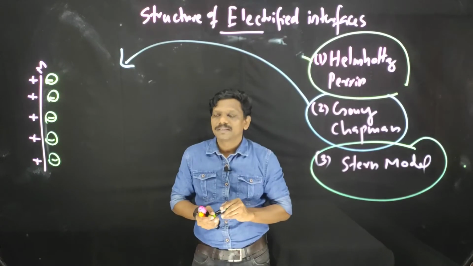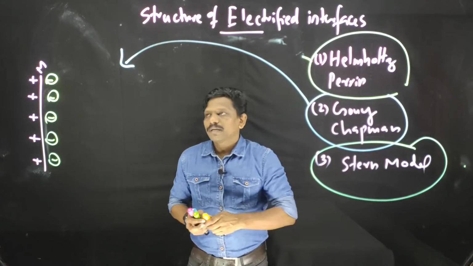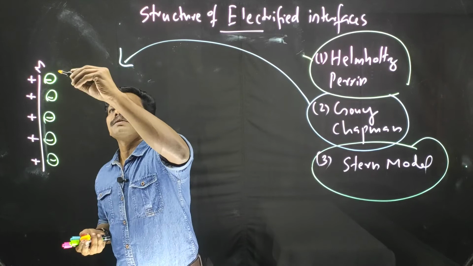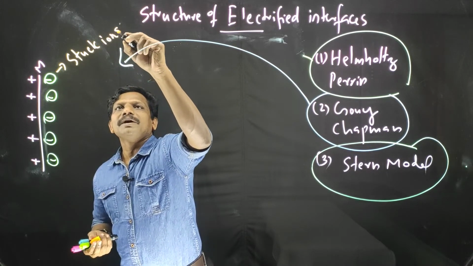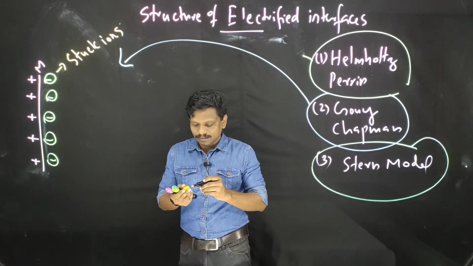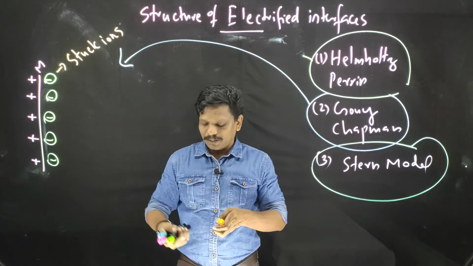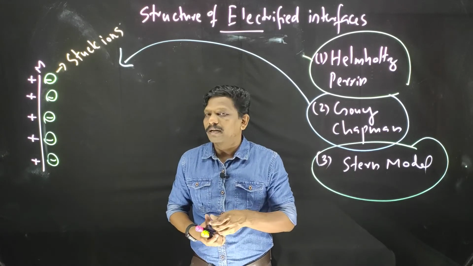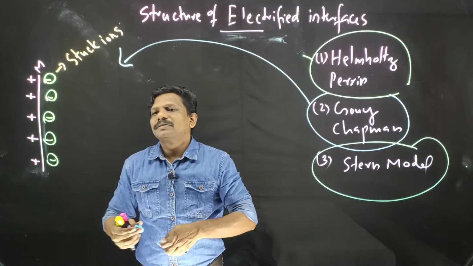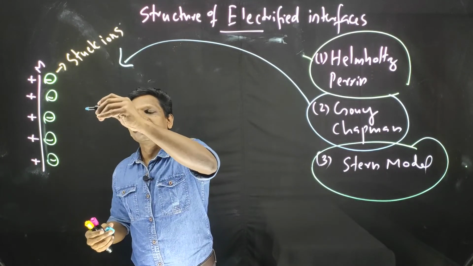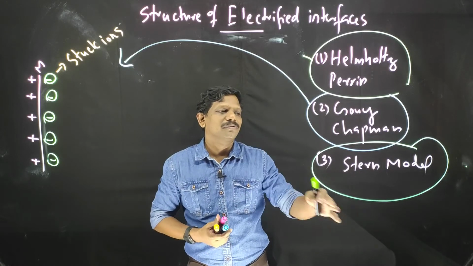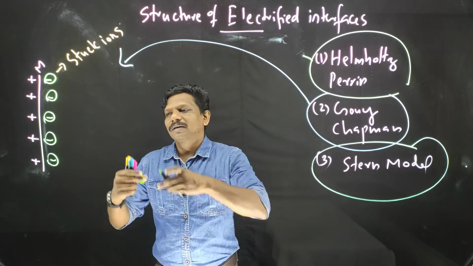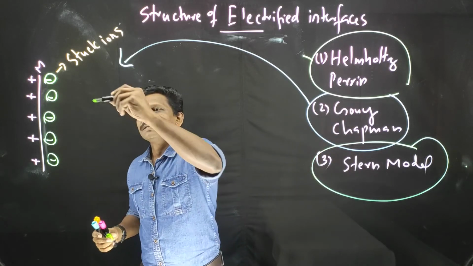You can call it the stuck ions. Some ions are stuck very near to the metal electrode. And after that what happens? After that you can see the variation. That can be a diffused variation, a variation like Gouy Chapman.